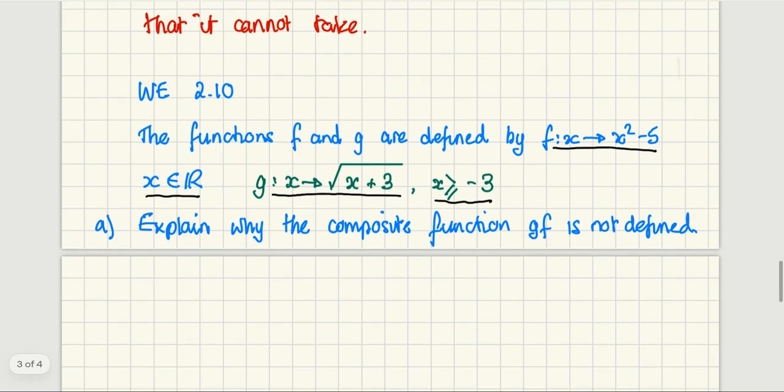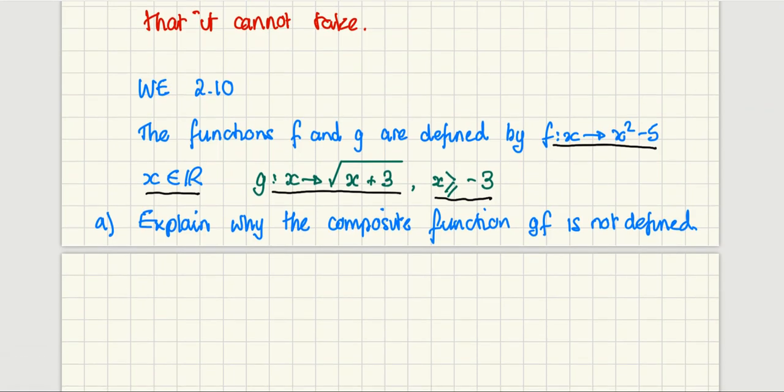For example, if you input 0 into gf of x: f of 0 will equal minus 5, and then g of minus 5 will give you the square root of negative 5 plus 3, which is the square root of -2, which is not real. Okay, and that's all we're looking for in that case.